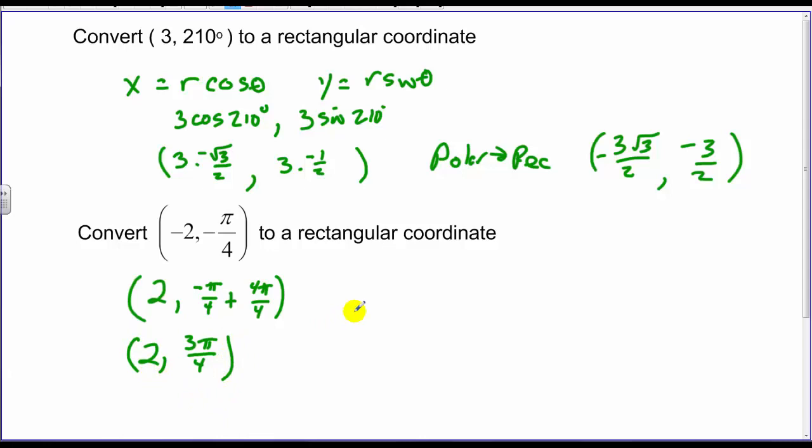So if I want to convert that to a rectangular, I say x equals 2 times the cosine of 3 pi over 4, and y equals 2 times the sine of 3 pi over 4.